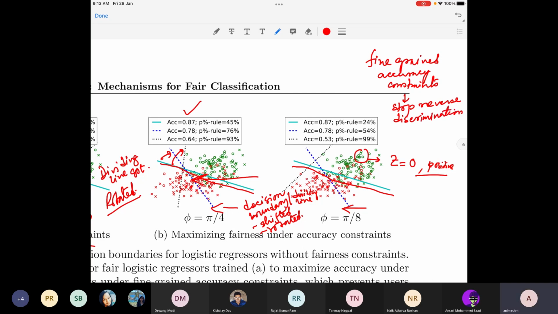So basically, we did not want those that are from the zero class and those that are positive. Zero class means those that have a zero sensitive attribute, which means they are unprotected, and they are from the positive class.